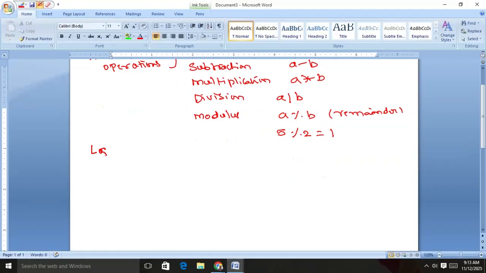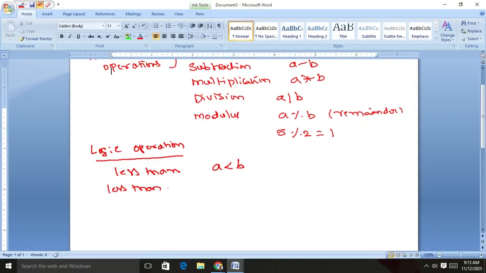And logic operations are based on relations, that is, less than, a less than b, less than or equal.